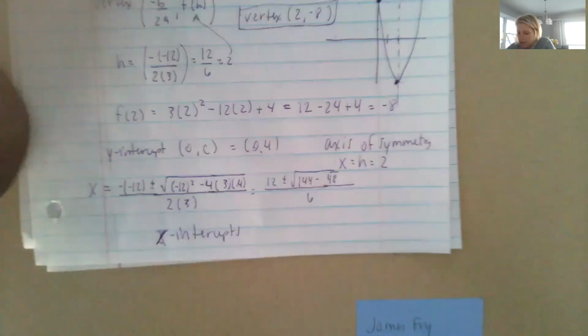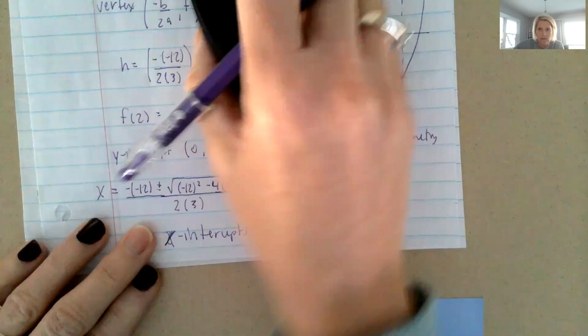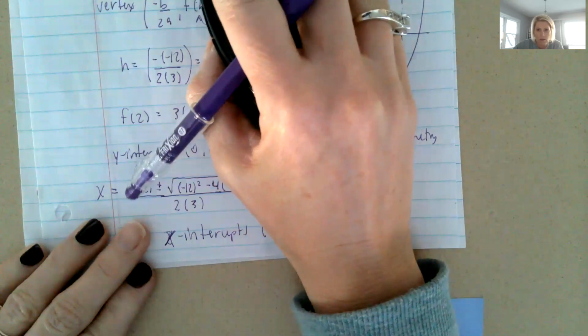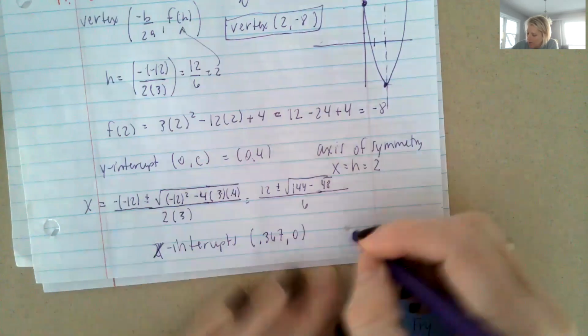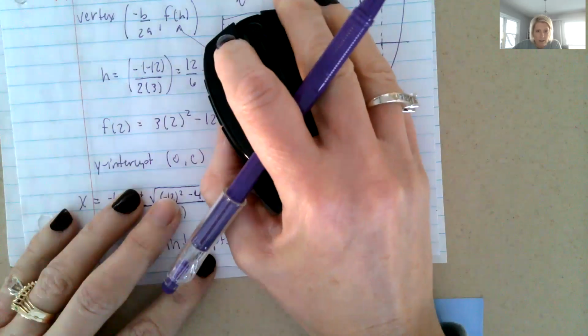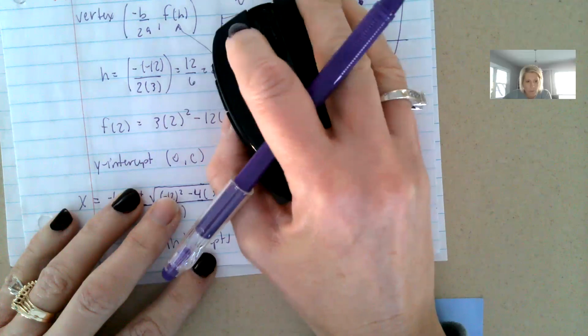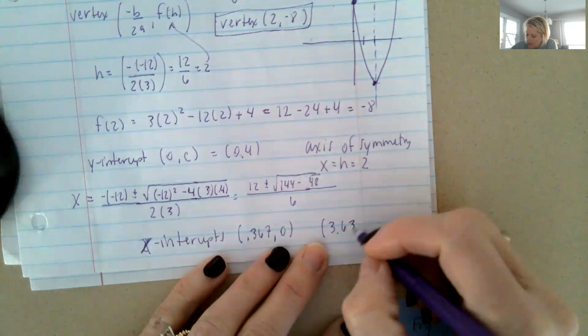When you write your x-intercepts, you're writing them as (0.367, 0), and then the other one was (3.633, 0).